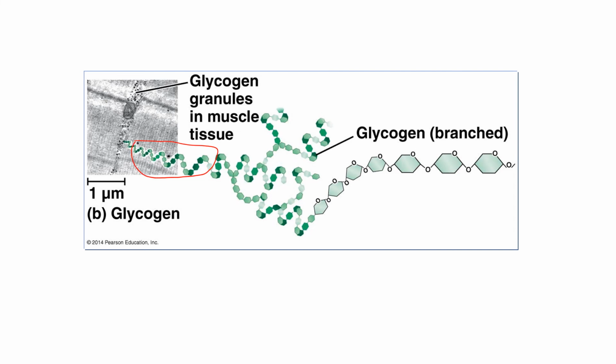The bonds between the alpha glucose molecules are 1,4, and where there are branches the bonds are 1,6. So glycogen has more branches compared to amylopectin.